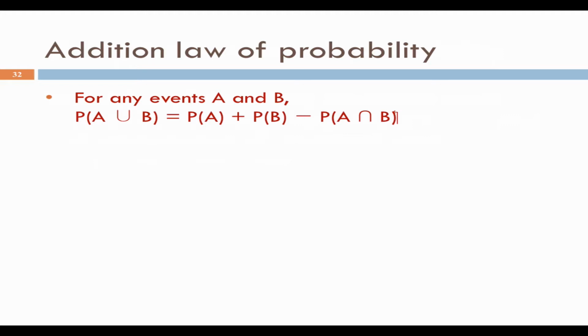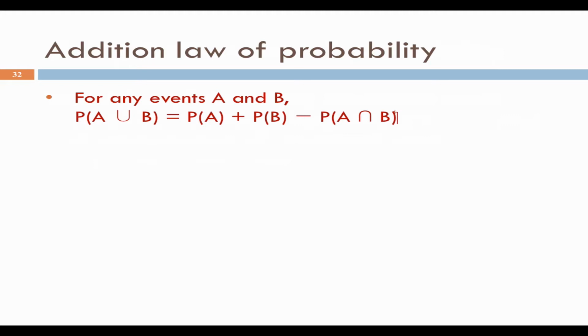The union of A and B is really the space that is in A or in B. So the probability of it happening is the probability of A plus the probability of B. But here, you actually double counted a space, and that space is the intersection.